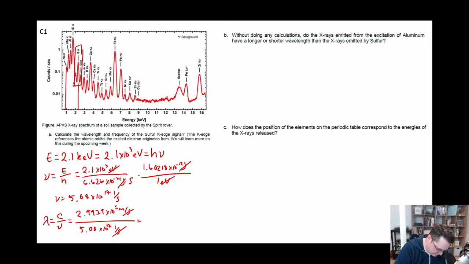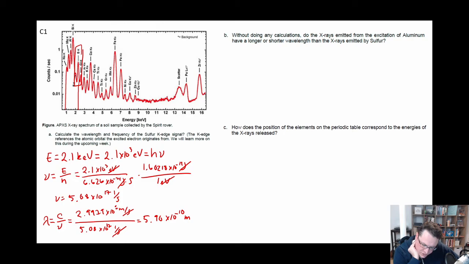I was about to say my units were very off there. That comes out to 5.90 times 10 to the negative 10 meters, which is pretty close to what I have in the answer key, 5.6 times 10 to the negative 10 meters. So again, it just depends on where you put down the energy of that K edge in these cases.